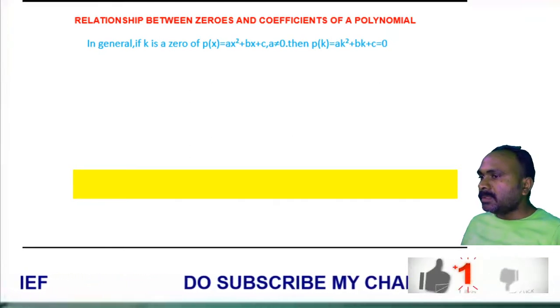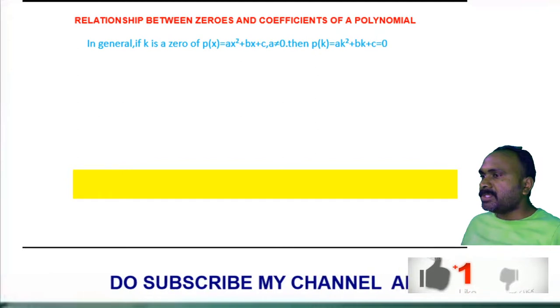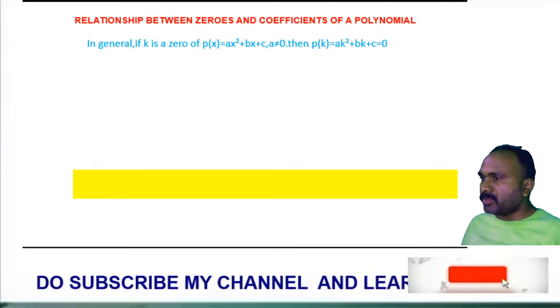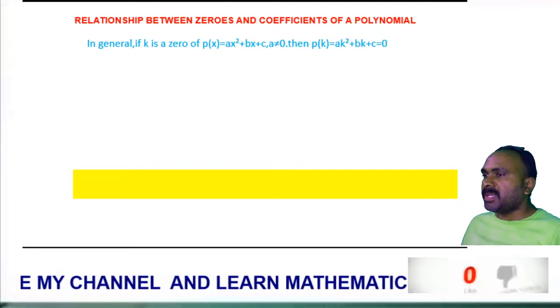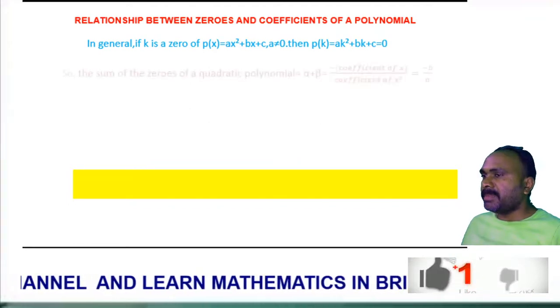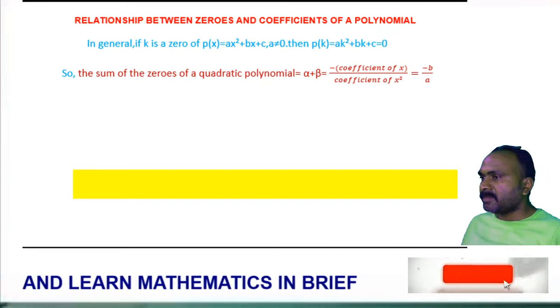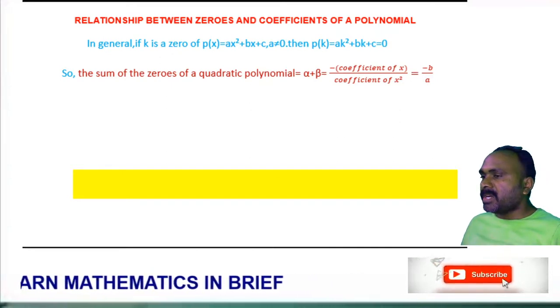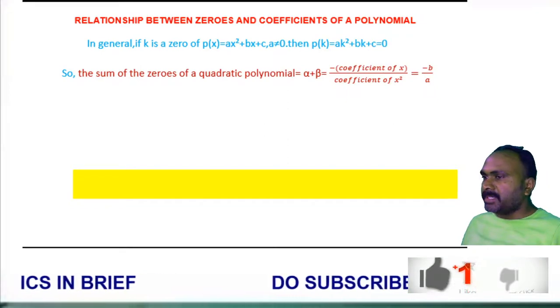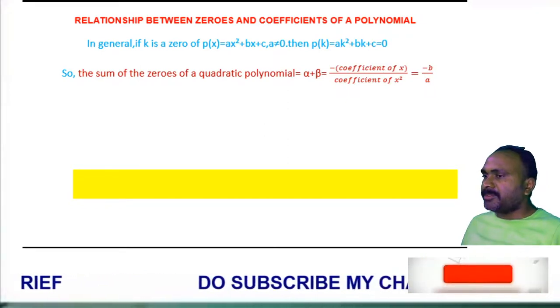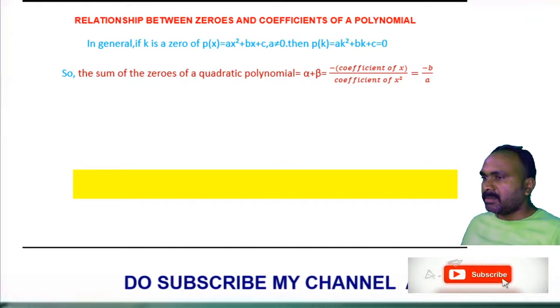Now in general, if k is a zero of p of x equals ax square plus bx plus c, then p of k equals ak square plus bk plus c equals 0. So the sum of zeros of a quadratic polynomial, alpha plus beta, equals minus coefficient of x by coefficient of x square, means minus b by a.